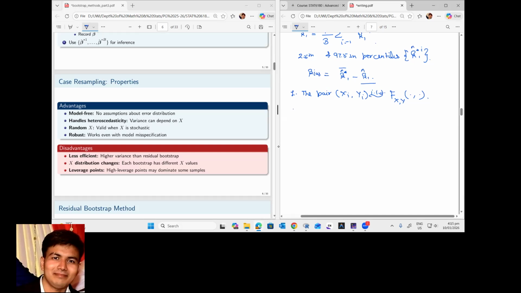And assumption two is that the statistic of interest, here we have the regression coefficient, is a smooth function of the data.